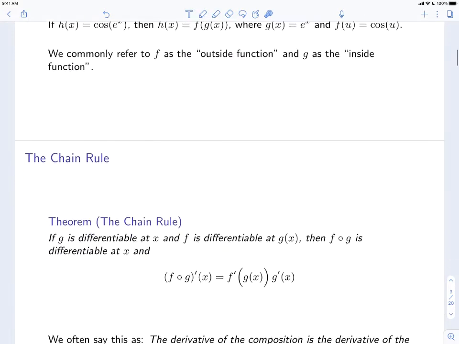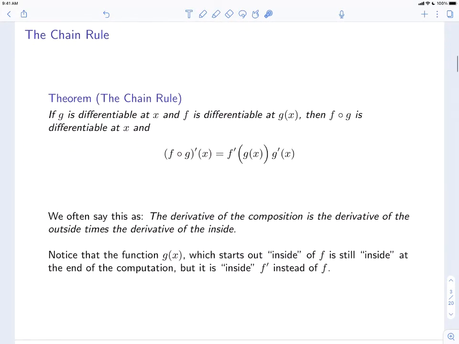And then if you differentiate that, you end up with g, which was inside of f, now inside of f prime. So it was the inside function, and it still is. It's still inside of f prime. So that's important to remember, that whatever is the inside function stays inside. But then you just multiply by the derivative of that inside function.